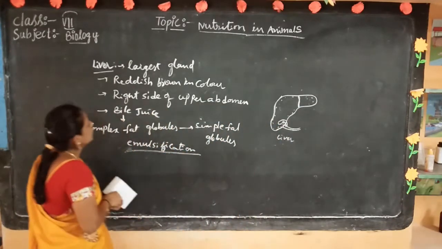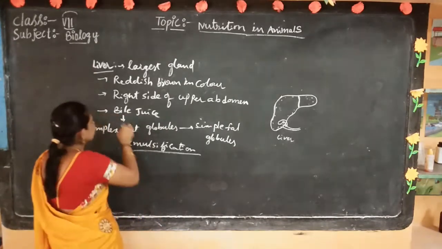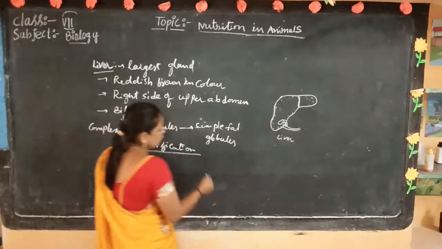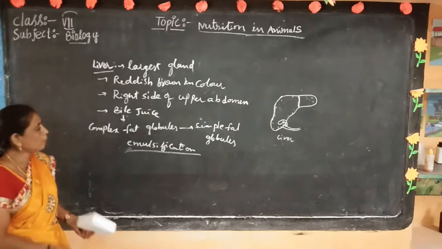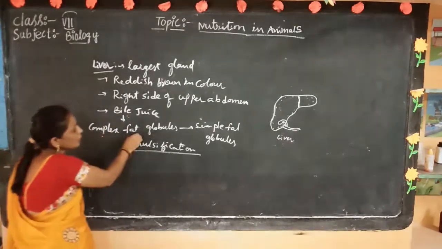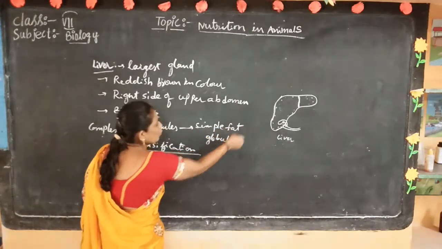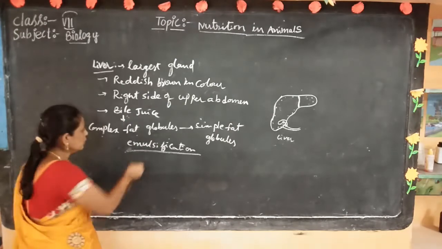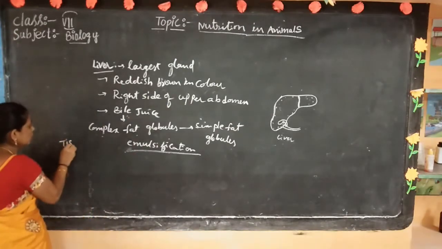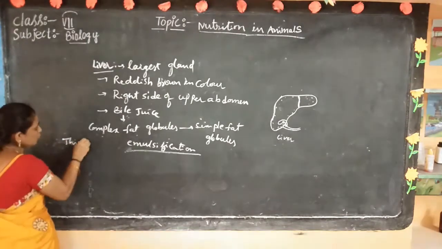It is present in the right side of the upper abdomen. It secretes bile juice, and bile juice converts complex fat globules into simple fat globules. This process is called emulsification.